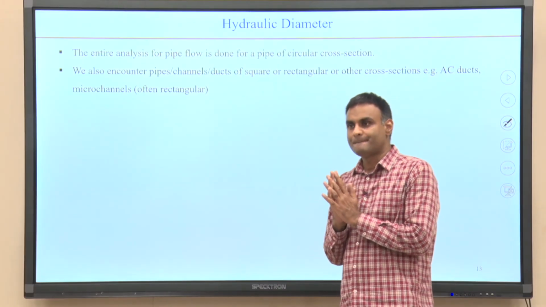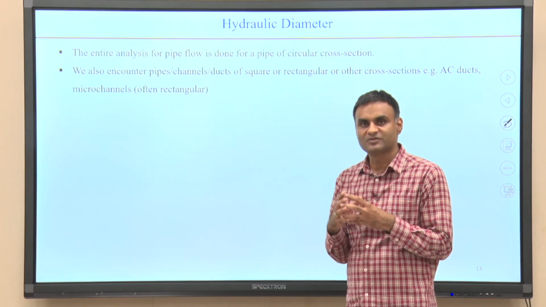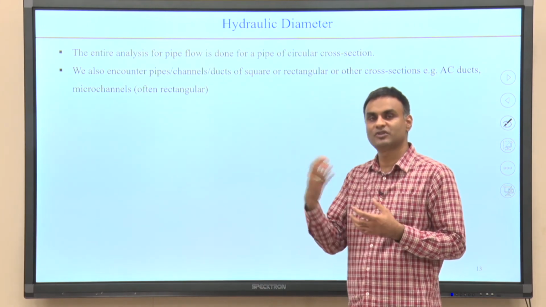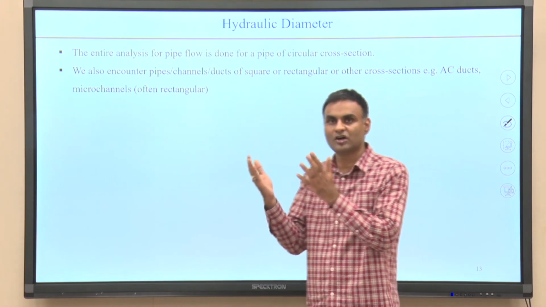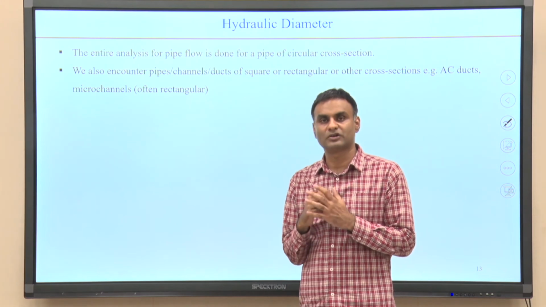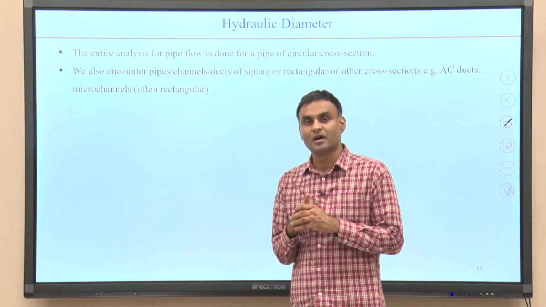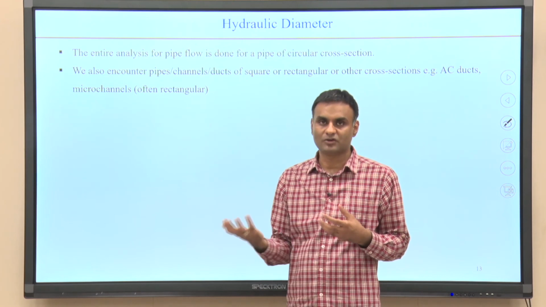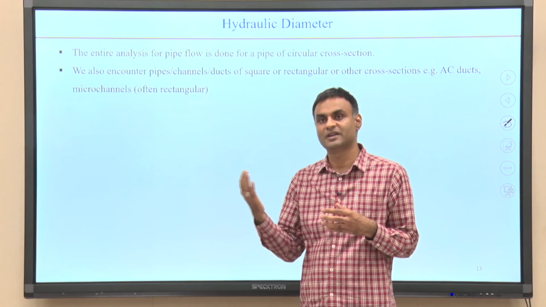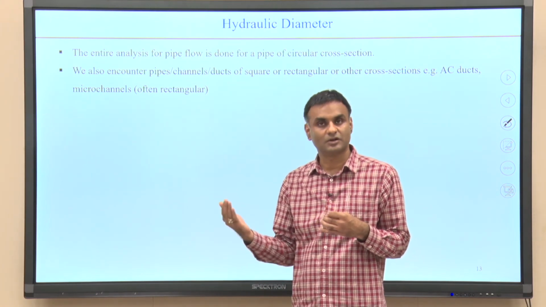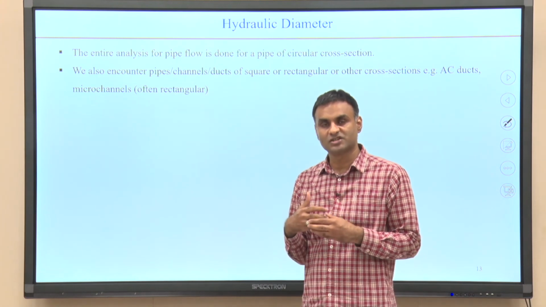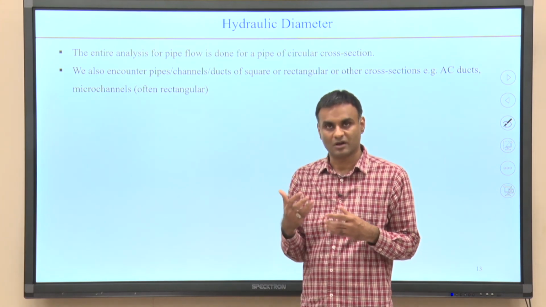Now, most of the time we encounter pipes which are circular in nature, but in some places, for example, you have AC ducts, and you will all observe that these AC ducts are generally rectangular or square in cross section. Or if you talk about, say, microfluidics, there again the cross sectional area will be rectangular or semicircular or triangular. So, in such cases what do we do?